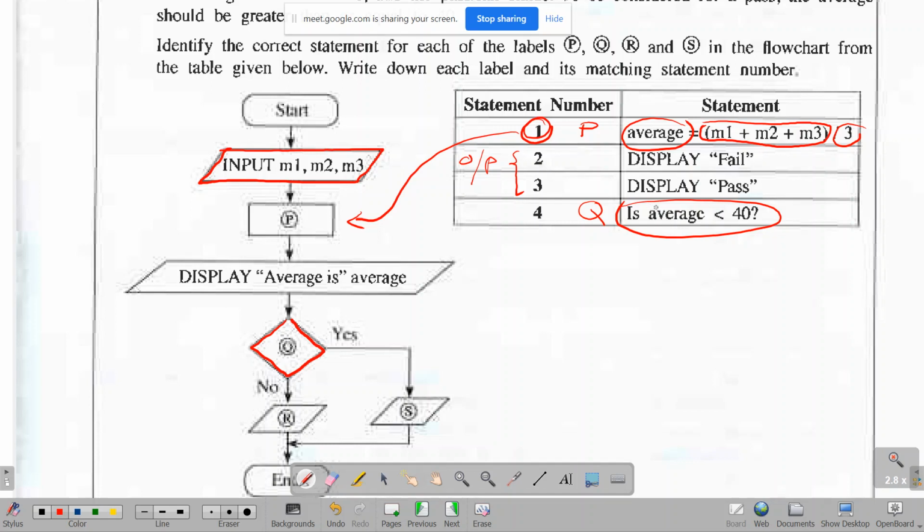For 2 and 3, we need the condition. The condition is asking, is average less than 40? If you are less than 40, you are fail. So if the condition, is average less than 40, is yes, you have to display fail.